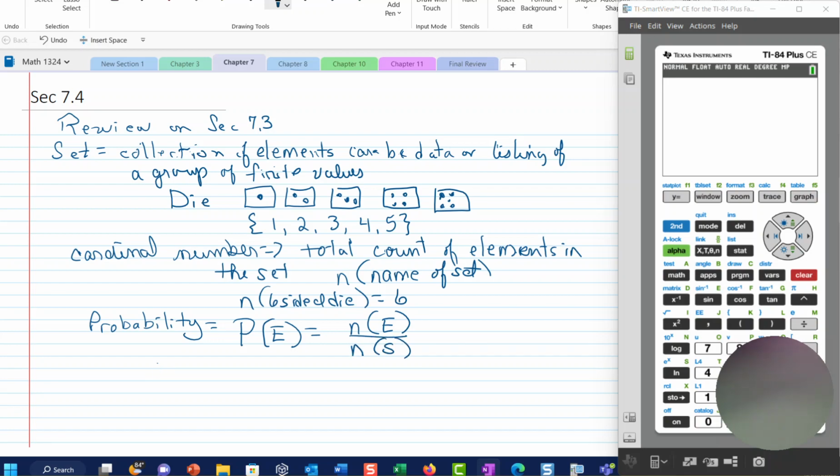So here we know event, the E, implies the quantity of the event in a given set.